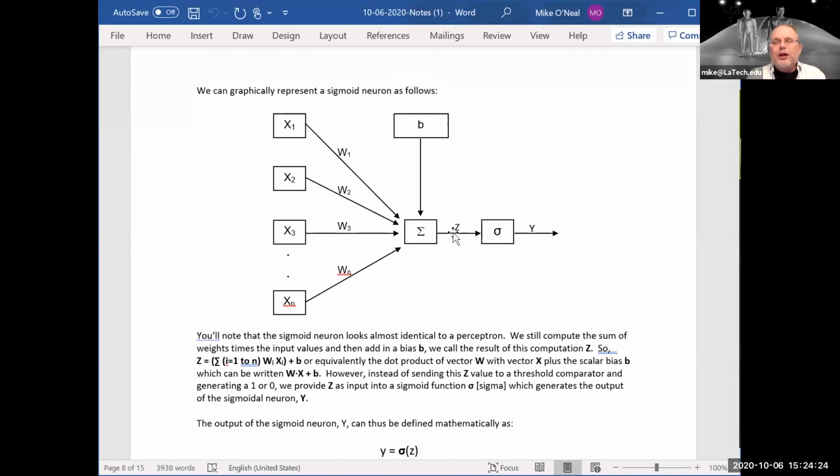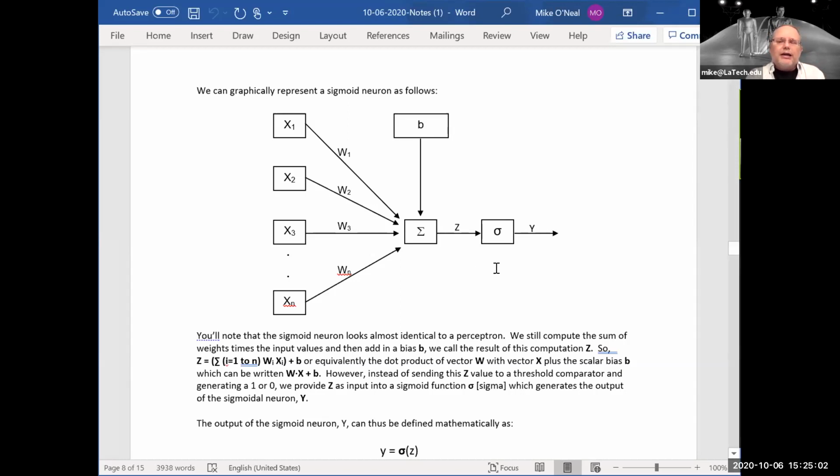And if it was less than the threshold, you would return a 0. But we don't do that. Instead, we place Z into some function, sigma, if it's a sigmoidal, right? And it generates a Y value. This Y value is not necessarily 0 or 1. It's any value between 0 and 1, okay? So you're getting a real value between 0 and 1 in the case of a logistic neuron or a sigmoidal neuron.